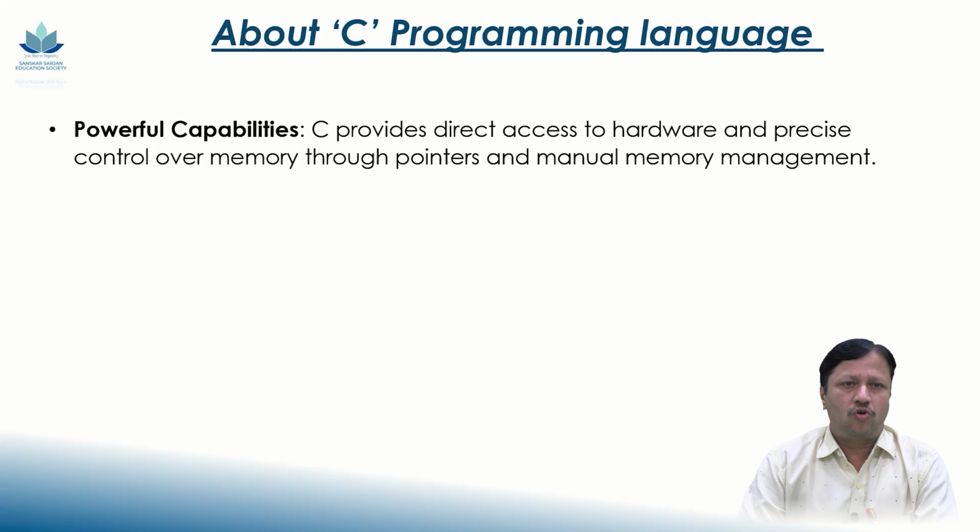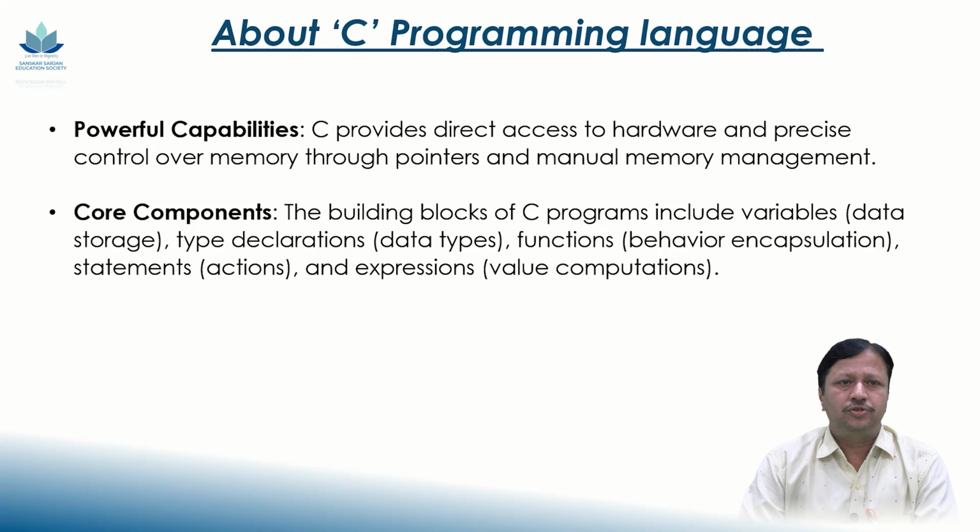C programming core components: the building blocks of a C program include variables for data storage, types for declaration of data type, functions for behavior encapsulation, statements for action and expressions for value computation. Mastery of these elements is essential for effective programming.